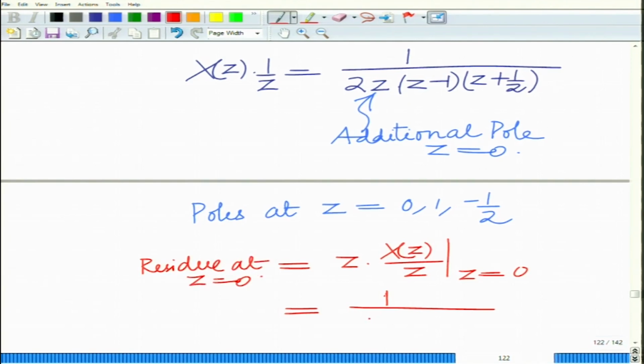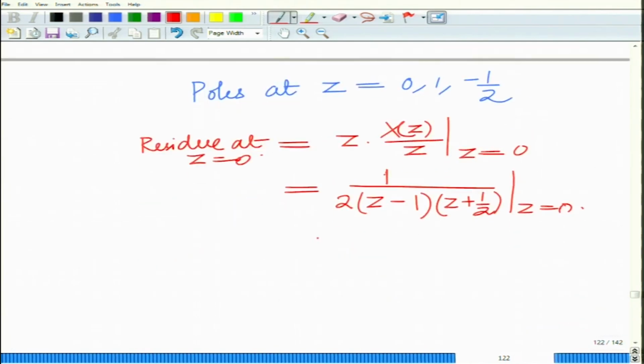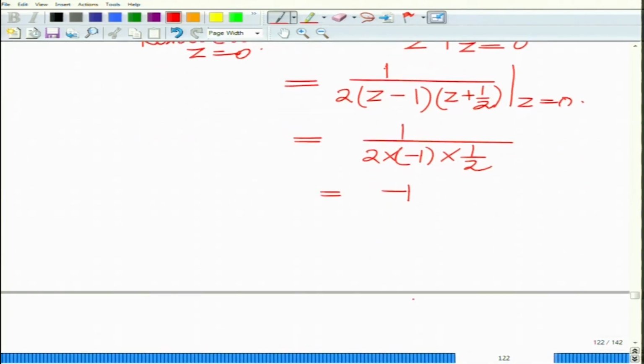This is basically 1 over twice z minus 1 into z plus half evaluated at z equal to 0. So, this is 1 over twice minus 1 into half, which equals minus 1. So, this is basically your minus 1.